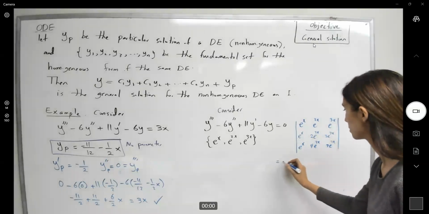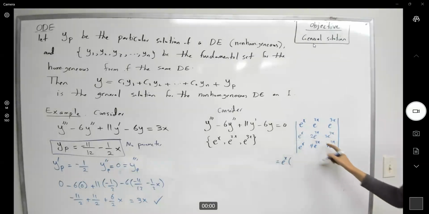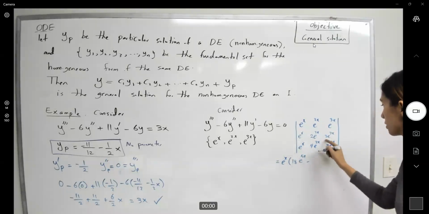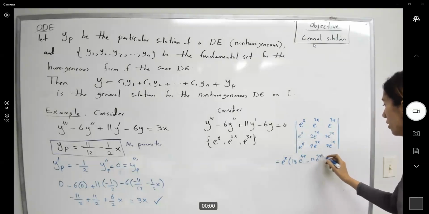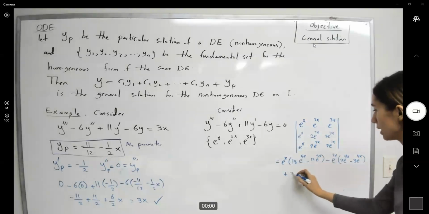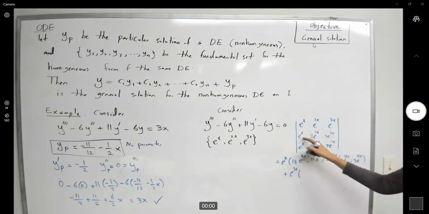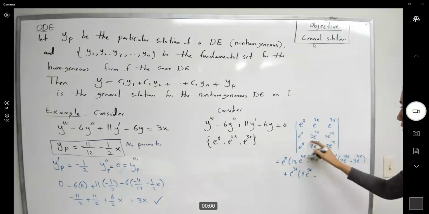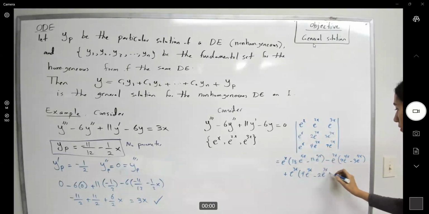This determinant becomes e to the x times (18e to 5x minus 12e to 5x), minus e to 2x times (9e to 4x minus 3e to 4x), plus e to 3x times (4e to 3x minus 2e to 3x).